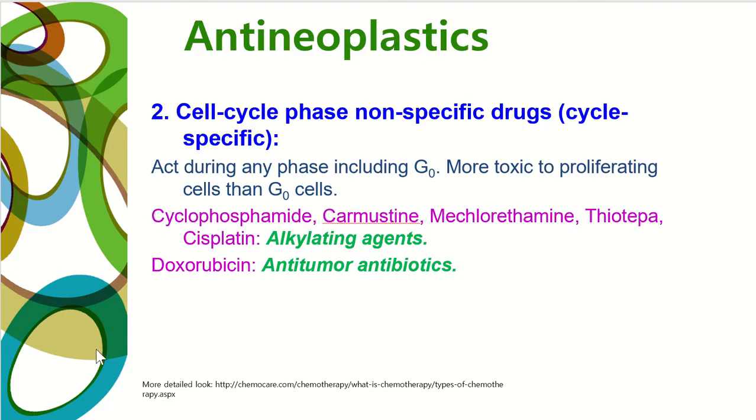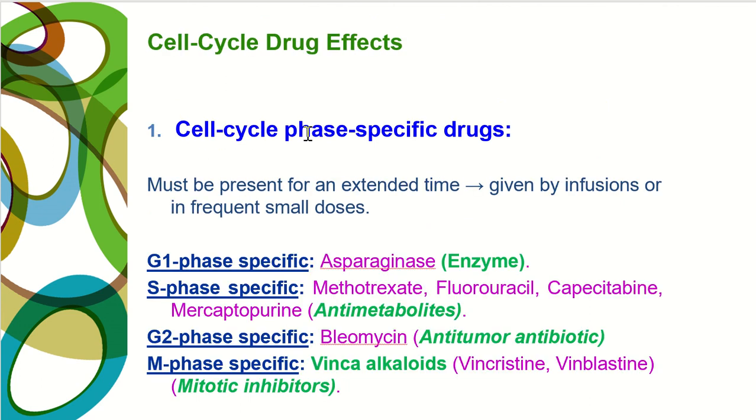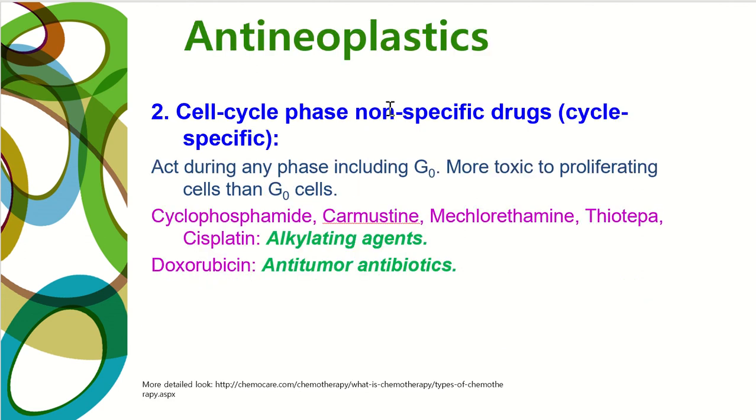All right, so another type of drug we mentioned previously, let me go back to it, cell cycle phase specific drugs. Now we're going to look at cell cycle phase non-specific drugs, and they act during any phase, including the resting phase.